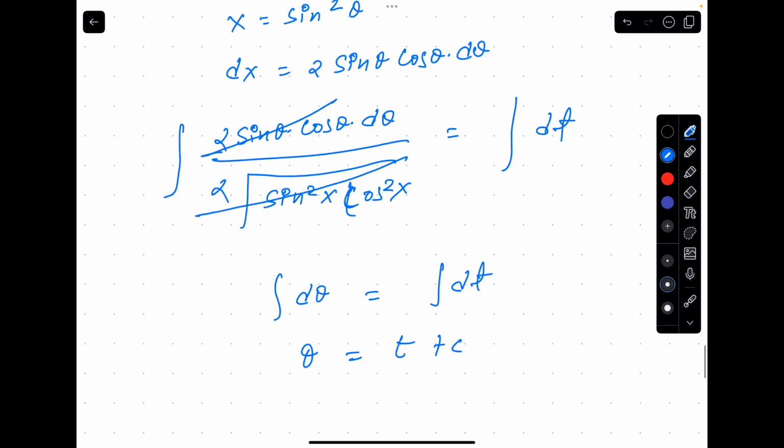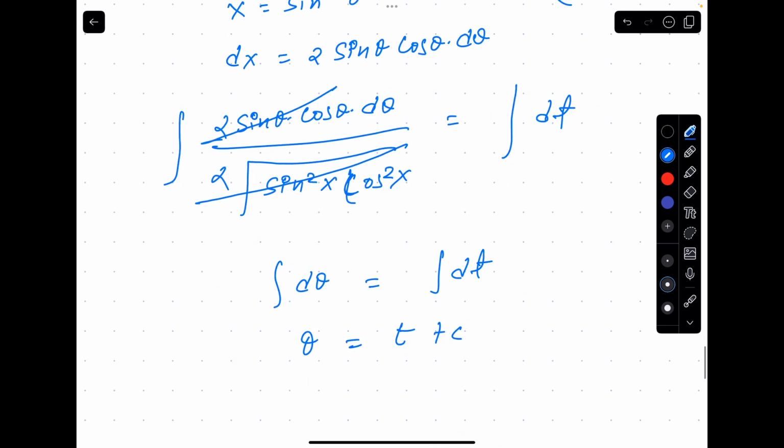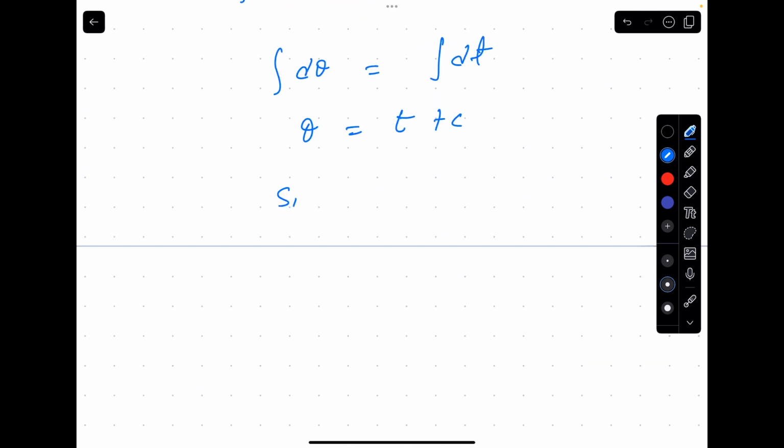Now what is theta? Look over here. We have sine square theta, so theta is basically sine inverse of root x. Let us place this value. So theta, which is sine inverse of root x, equals t plus c.